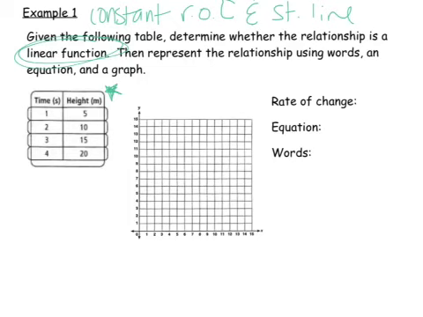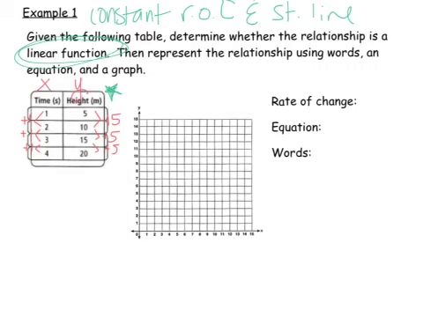Given our table, 1, 5, 2, 10, 3, 15, 4, 20, let's figure out what our rate of change is. Remember, we always have x's and y's, or input, output. Inputs are x's, outputs are y's. Our y's are going up by 5, plus 5, plus 5, and our time is going up by 1 each time, plus 1, plus 1.